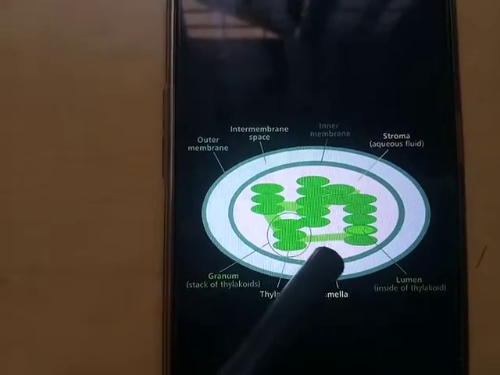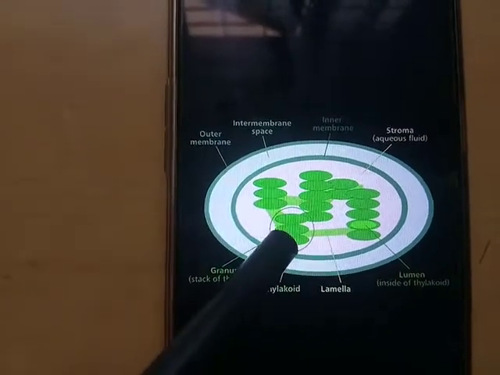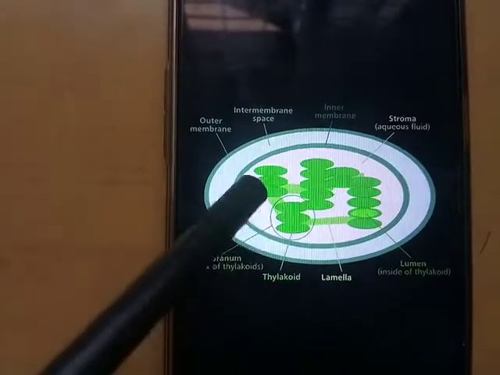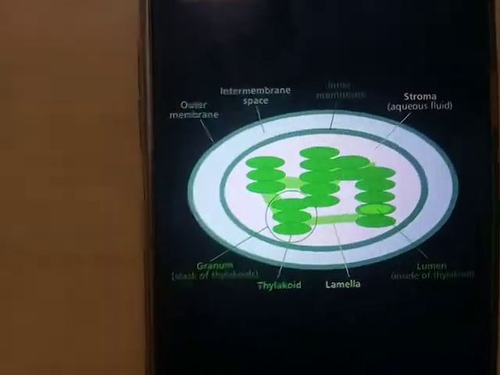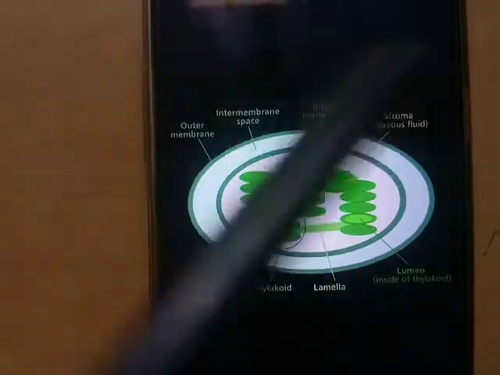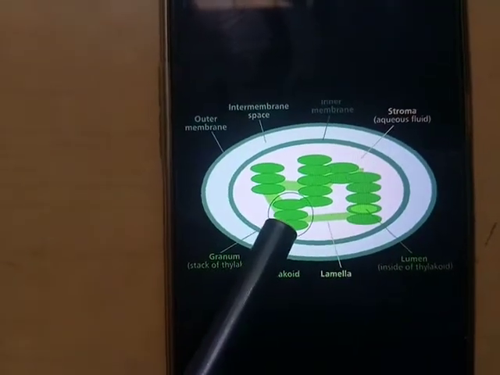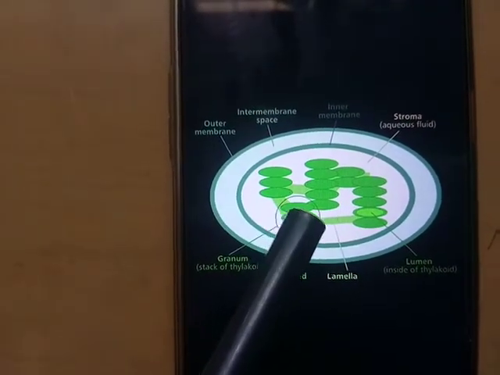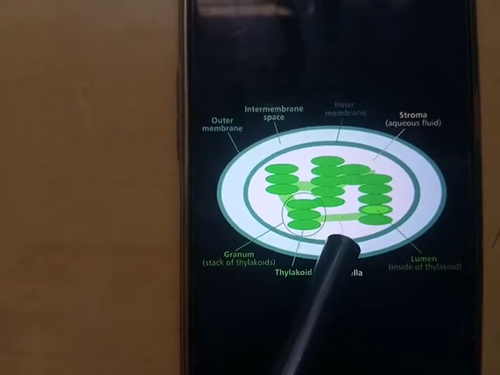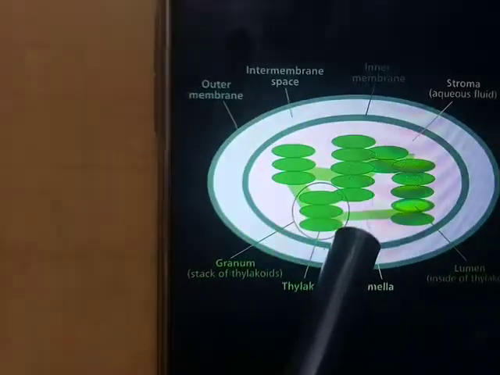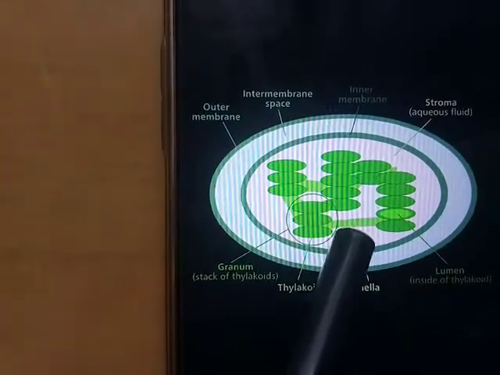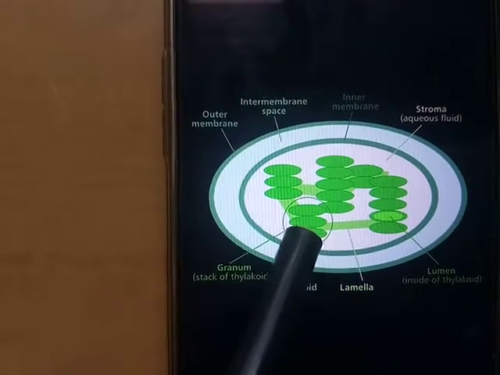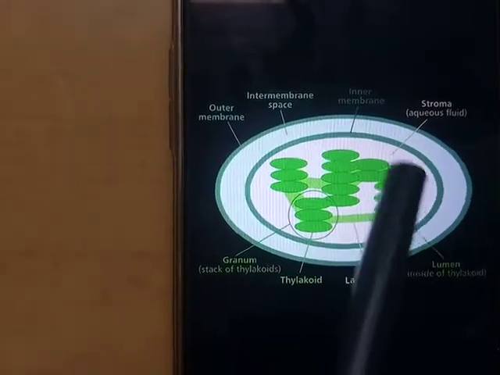The lamellae that are connected to each grana, we call them stroma lamellae. So the lamellar membranes connecting the grana, see, this lamella is connecting to this grana and also to this grana.